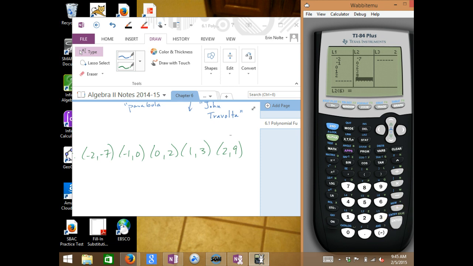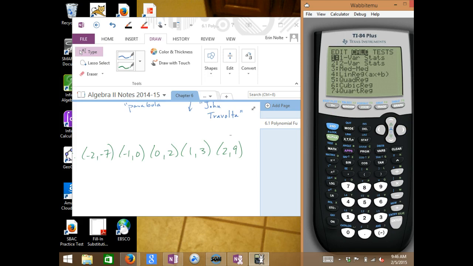Okay, so once I have all of my data in the calculator, where do I go to have the calculator generate the equation for me? No, that's when you input an equation and you're looking at it. Close. So you hit stat again, and we're going over to calculate.